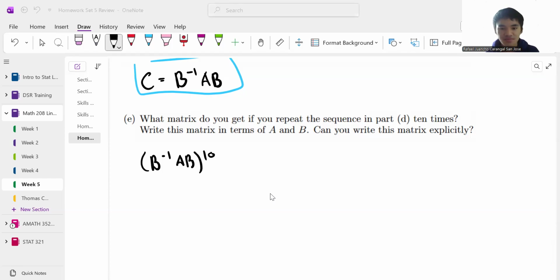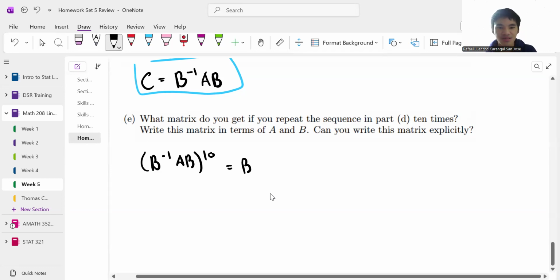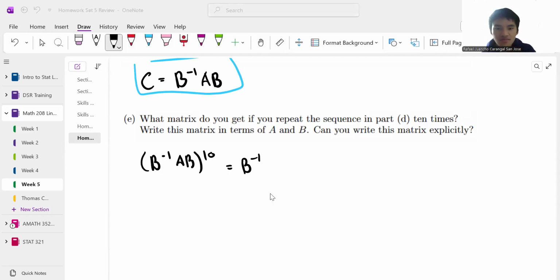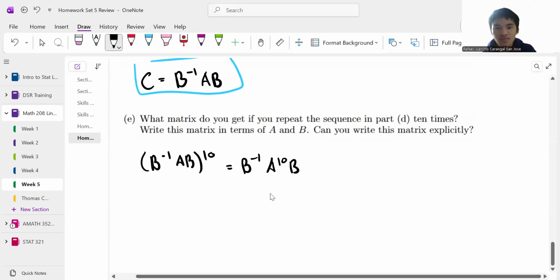That's what we're doing. And apparently, well, we could do it by hand, but I'm not doing that by hand. I would just do a computer code to do this. But we would actually just get B inverse, A to the 10, and B.